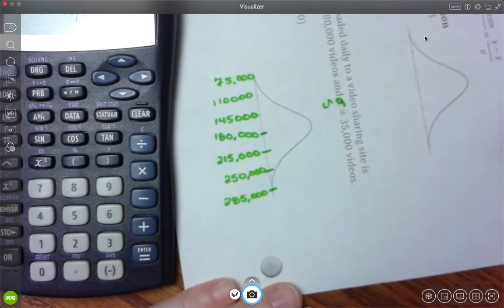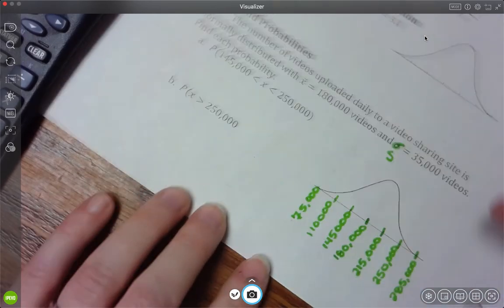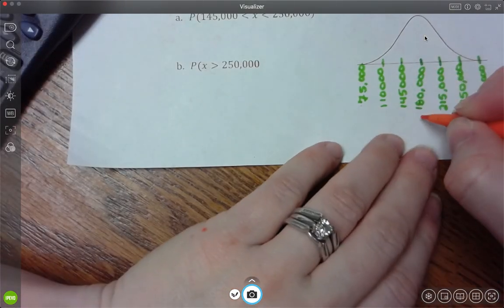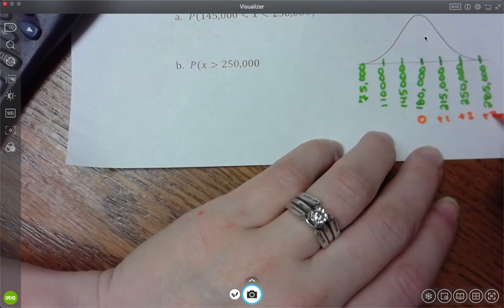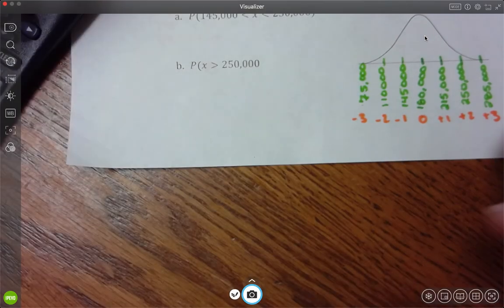Okay, so those are my numbers when I add and subtract for my standard deviations. Those are some big numbers, but that's okay. And then I always like to put this guy as 0. This would be plus 1. Adding it once, twice, 3 times, subtracting once, twice, 3 times. That's what those guys will be.